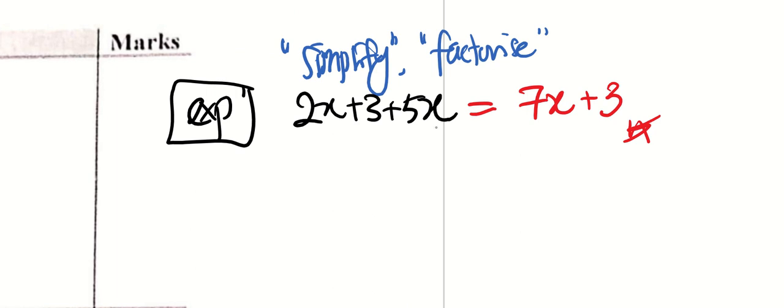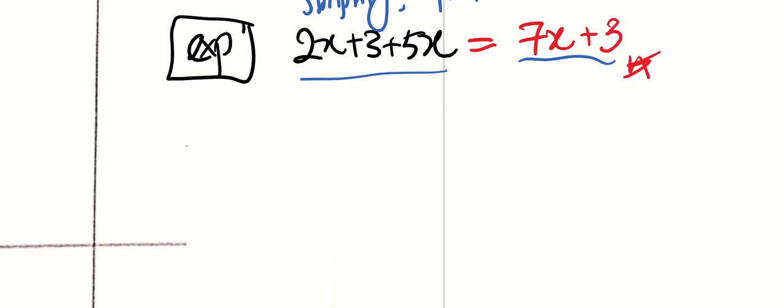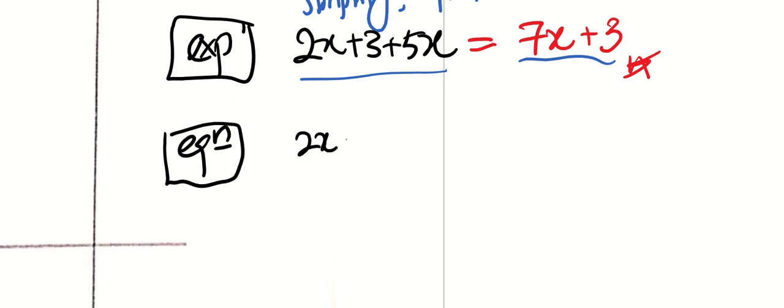You have an expression right at the start, and you will get another equivalent expression at the end of your working. Now, how about equation? For equation, you have an equal sign already present in the question. So if I were to use the same example, I'll have equals to something.